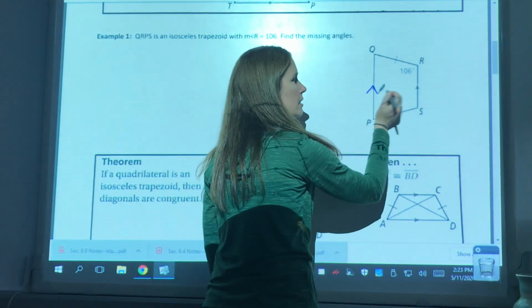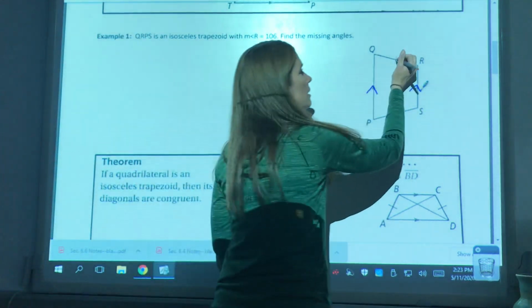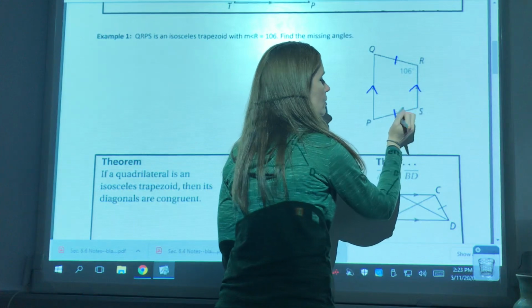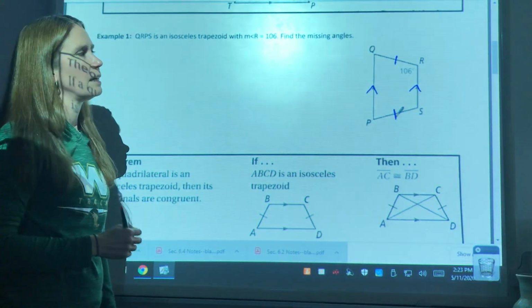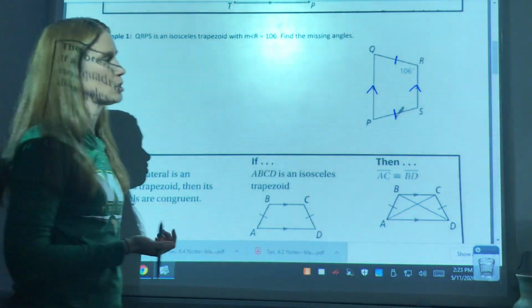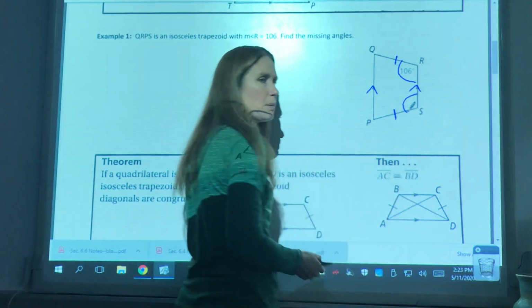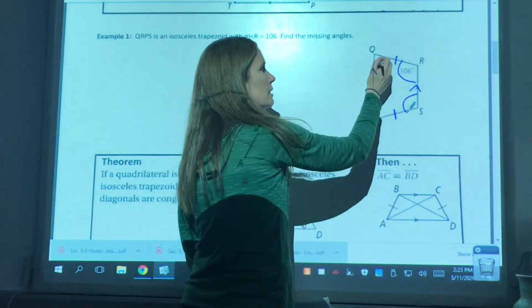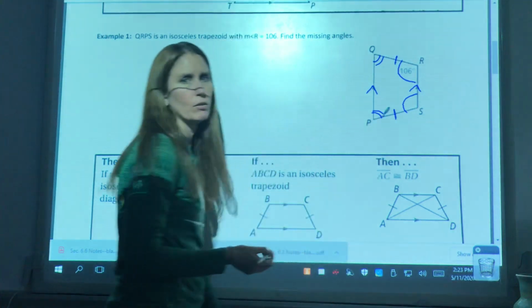So I can see that one pair of opposite sides is parallel. I can see that the legs are congruent, so I therefore know that it has to be an isosceles trapezoid. And we just said if it's an isosceles trapezoid, then I know that this pair of base angles must be congruent, and I know that this pair of base angles must be congruent.